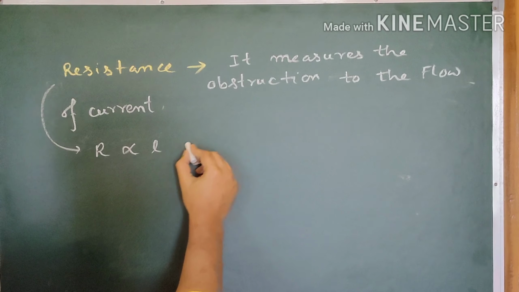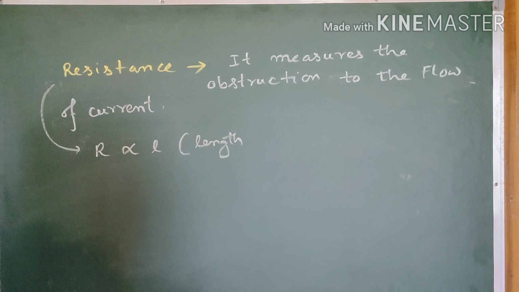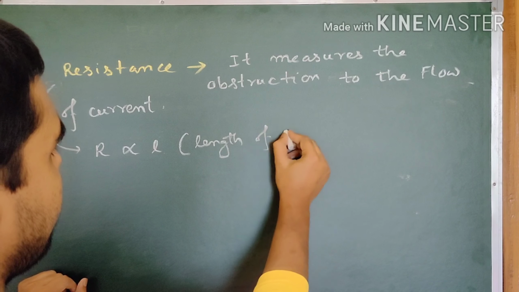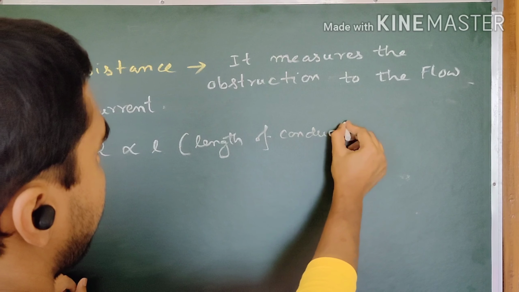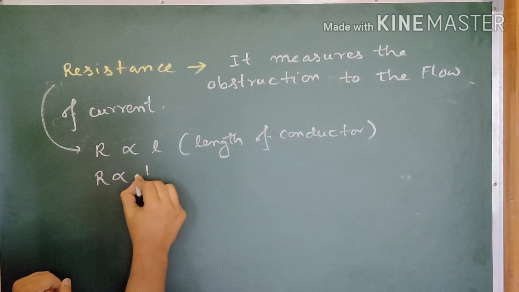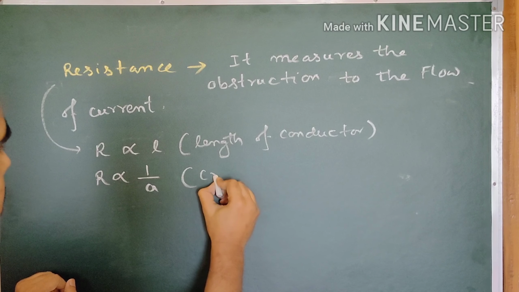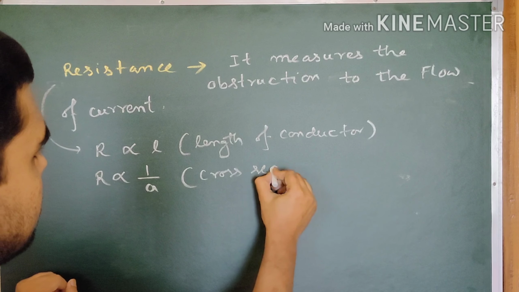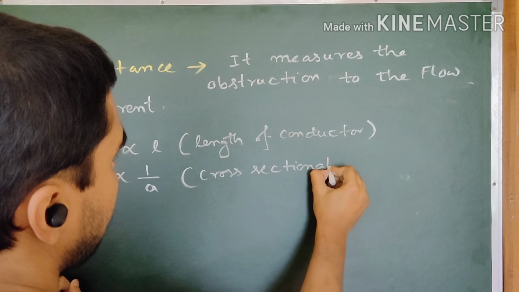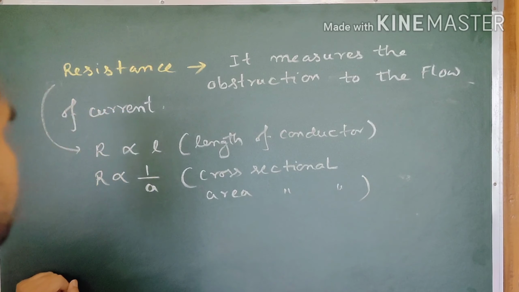As a matter of fact, it is observed that the resistance, which has been expressed by R, is proportional to L, where L is the length of the conductor, and it is inversely proportional to A, which is the cross-sectional area of the conductor.